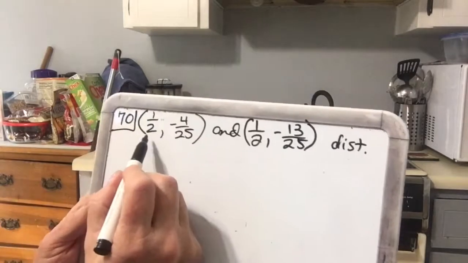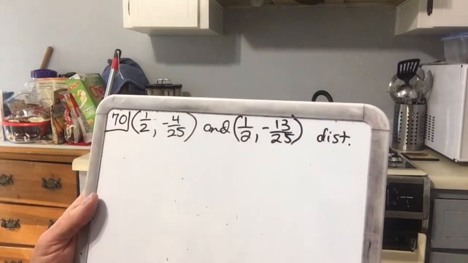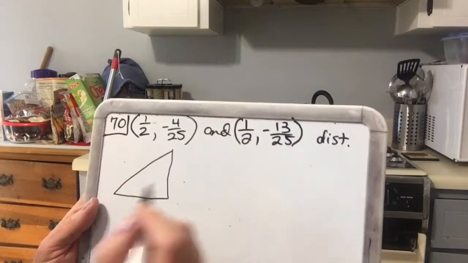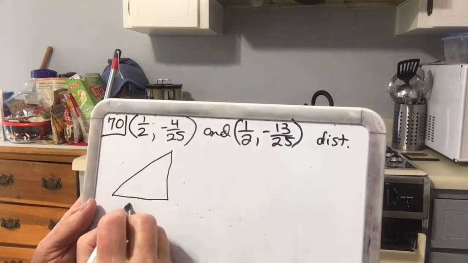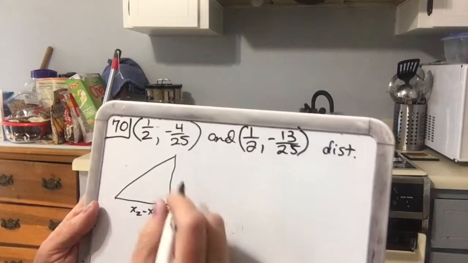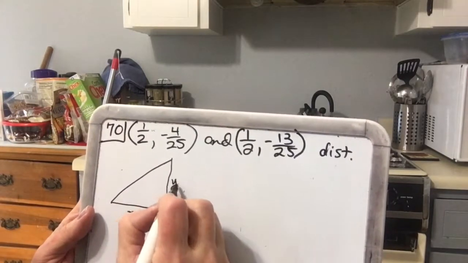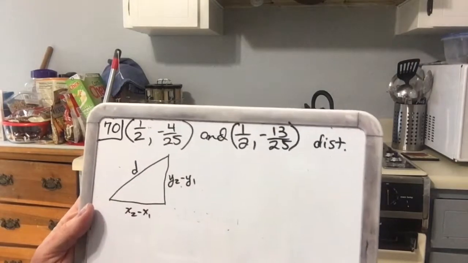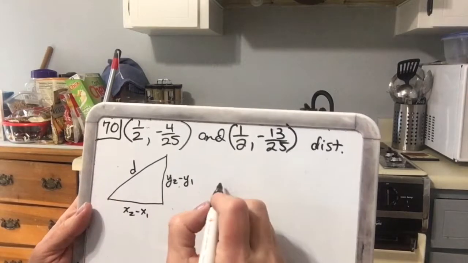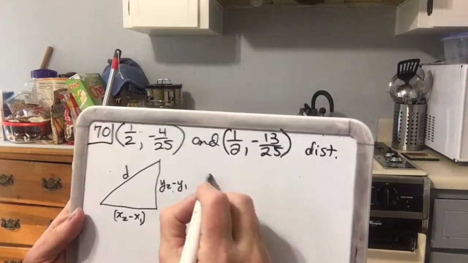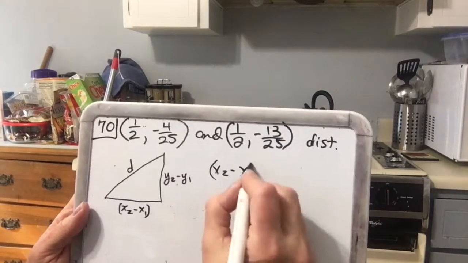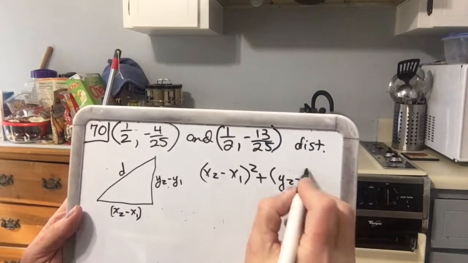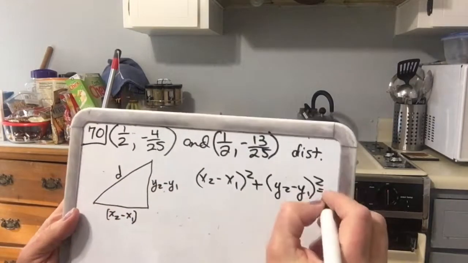Okay, so we've got an x and a y and an x and a y, and our distance formula, remember, is based on the Pythagorean Theorem. This distance between these two is going to end up being x2 minus x1, and this distance between these two is going to end up being y2 minus y1, like the development I showed you on the board. So if I want to find this distance d, I'm going to use my Pythagorean theorem, which says x2 minus x1 squared, plus y2 minus y1 squared, must equal d squared.